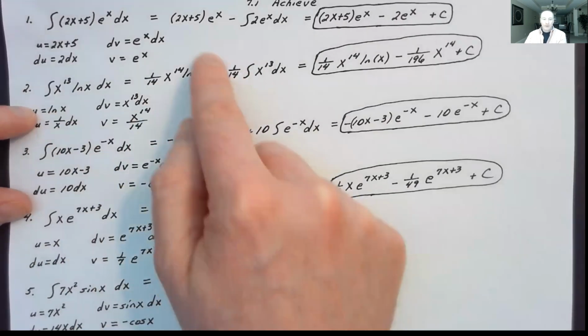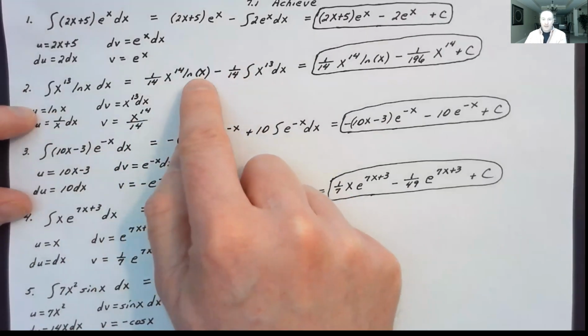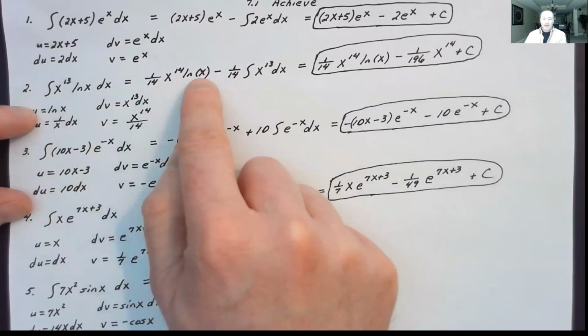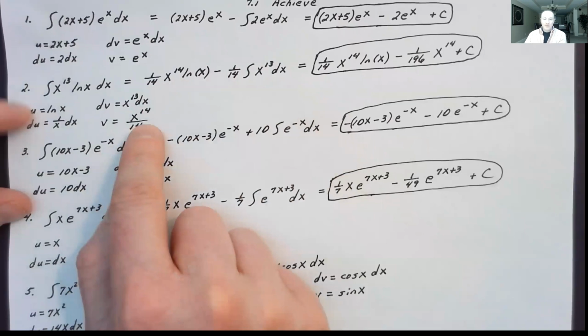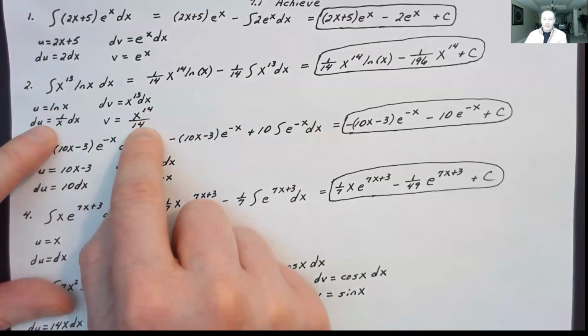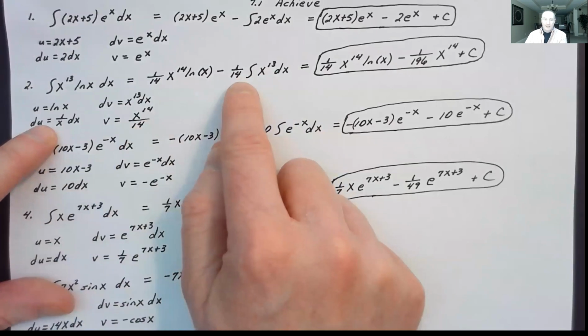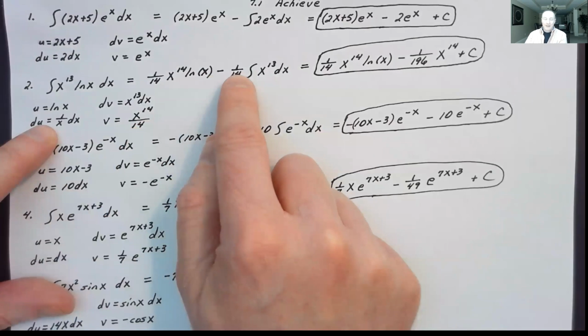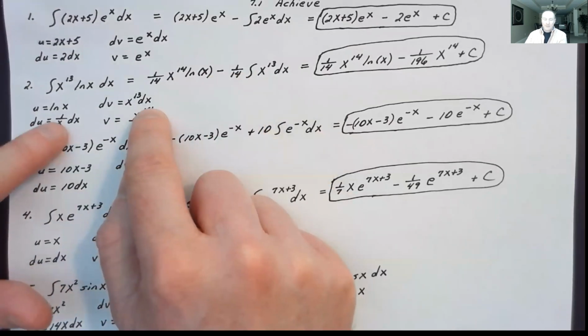And I went ahead and put the group around that since Achieve requires that in the final answer. Minus, so it's u times v minus the integral of v du. Well, that integral of v du, I knew it's going to be divided by 4. I just brought the 1 over 4 out in front. Then it becomes minus 1/4, the integral of x to the 4th times 1 over x.